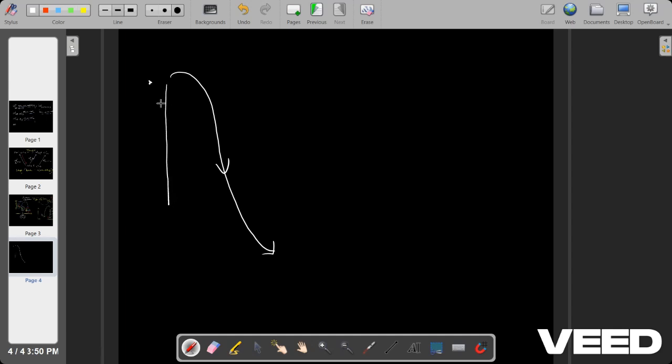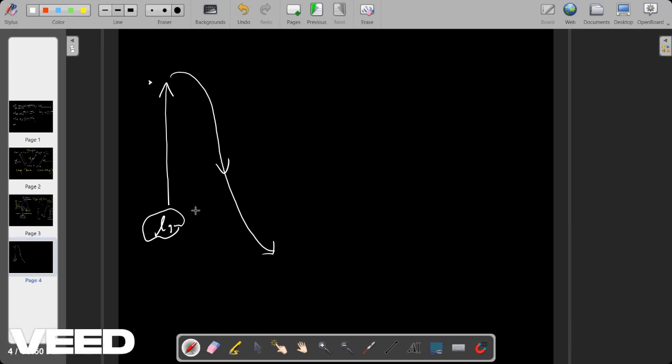Now, if I ask a question, why is gravity placed this way? Gravity is a law. These are laws in the universe. Our universe is always following a certain set of natural rules. We can't break them. We don't know how it was created, but somehow we know there's a certain set of rules.